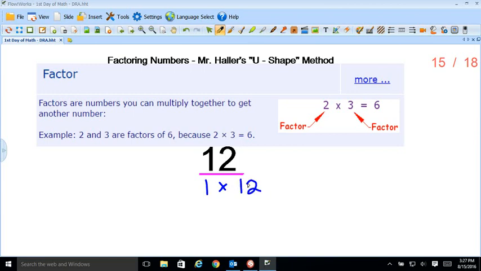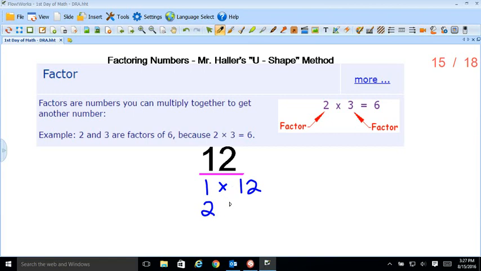1 times 12. Now, I'm going to go in sequential number order straight down until I'm done. After 1 comes the number 2. I'm going to use my divisibility rules knowledge here to see if 2 is a factor of 12. Since 12 is even, I know 2 must be a factor, because 2 is a factor of every single even number.